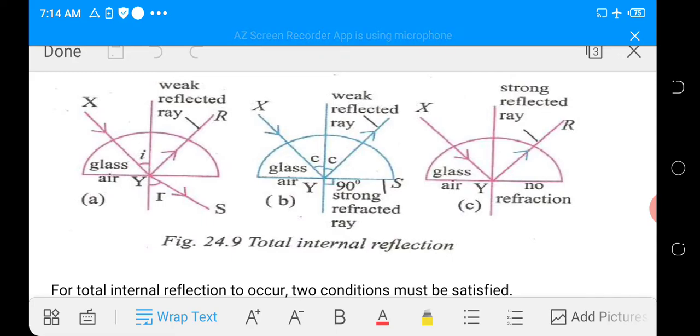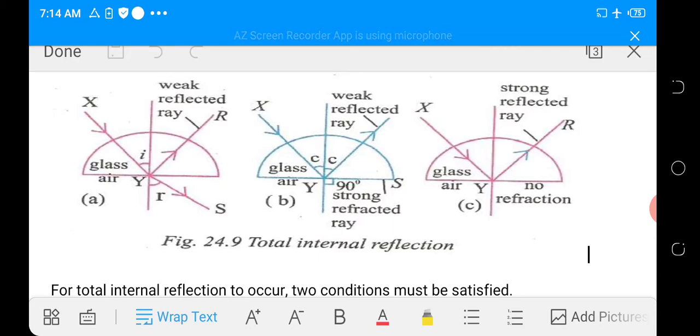When this occurs, we say there is total internal reflection. Therefore, total internal reflection is the complete reflection of a light ray in the denser medium when the angle of incidence is greater than the critical angle of the glass, so that there is no refraction and there is total reflection.